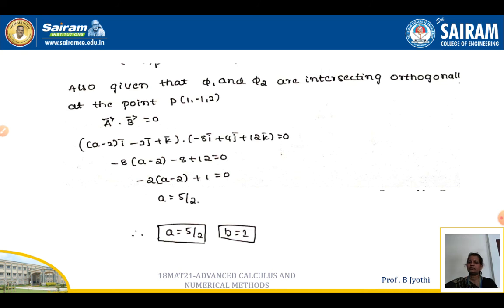This gives minus 8 into (a minus 2) minus 8 plus 12 equals 0. Dividing by 4, we get minus 2 times (a minus 2) plus 1 equals 0, or a equals 5 by 2. We have already obtained the value of b, so b is 1 and a is 5 by 2 with the given condition.